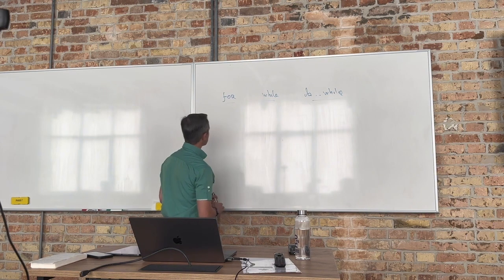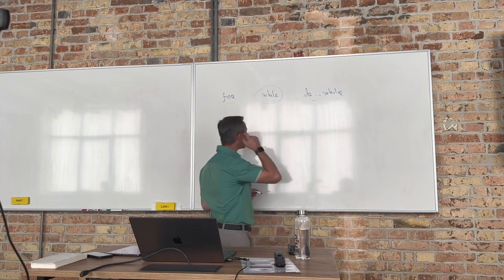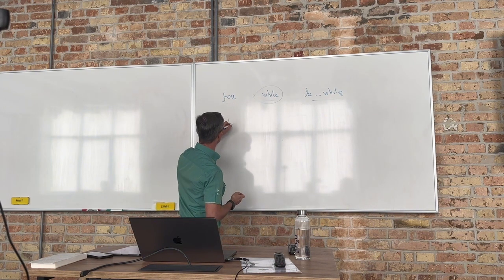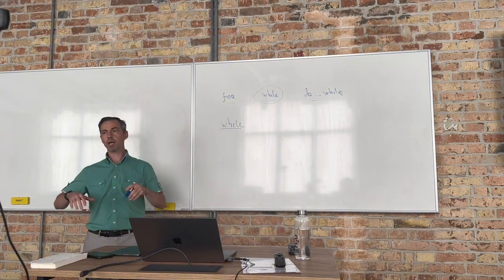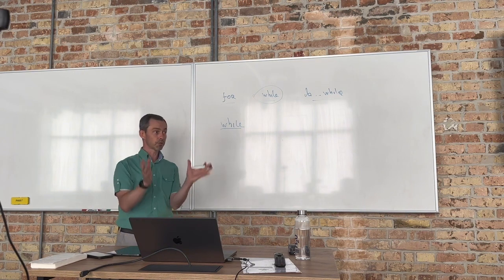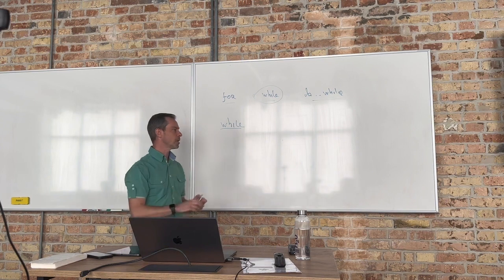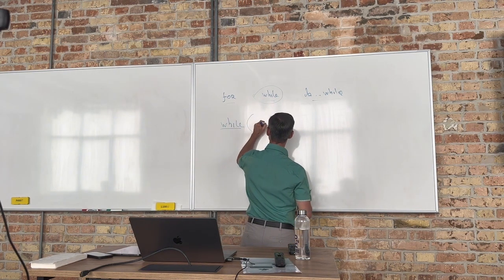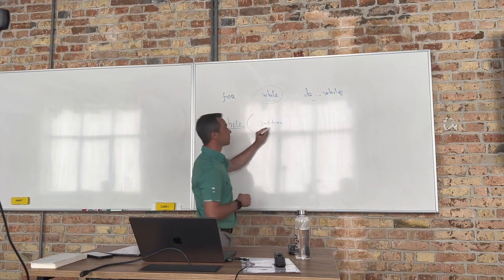All right, so let me start from the while loop. As you know from English, while means that if some condition is true, let's talk in programmer language, then do something. So while, and then I put here a condition. Very similar to the if condition.